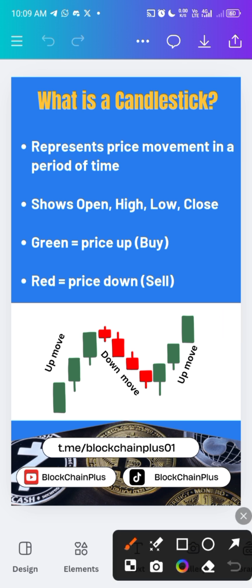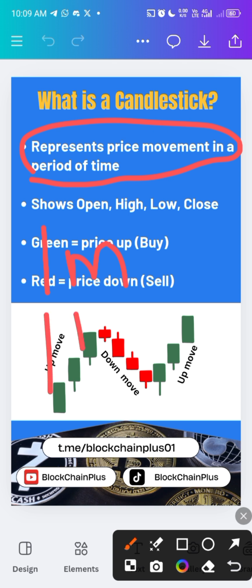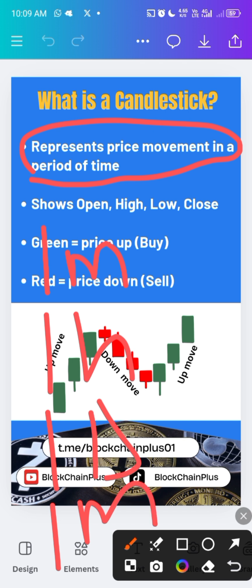So when we say price movement in a period of time, understand the two different keywords: price movement, and period of time. That means each candlestick moves within a particular time frame. It could be 1 minute, 1 hour, 1 day, 1 month, 1 week, 4 hours, or 15 minutes.